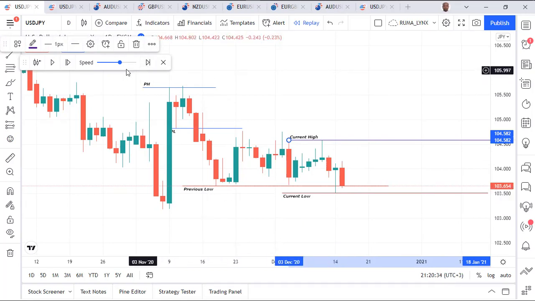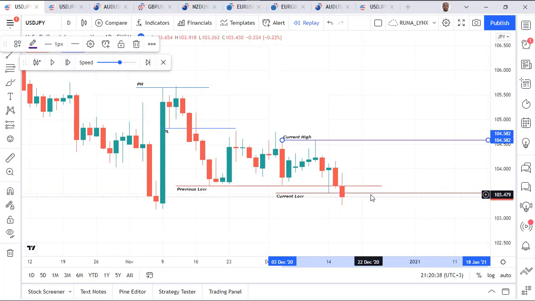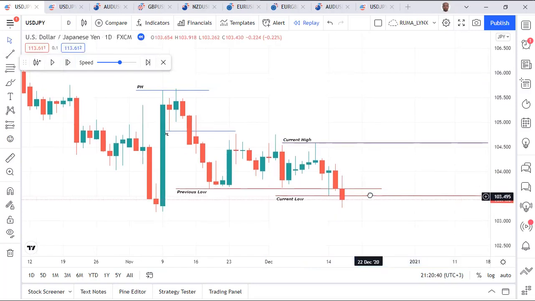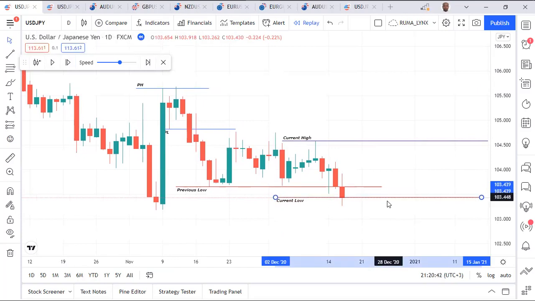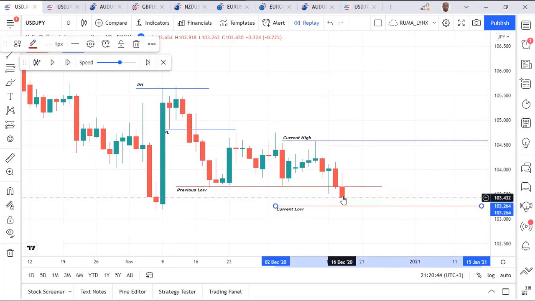So let's see what happened. Yeah, it went low again. But notice what happens. Even as it forms a new low, it still comes back. Look at the wick. It still comes back, because this space here belongs to the previous impulse. So we are still descending.